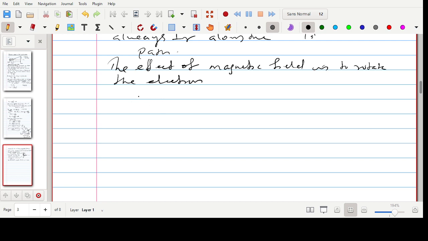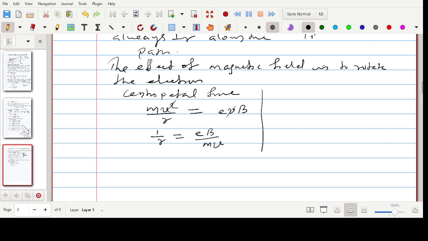So the centripetal force mv squared by r will be equal to the magnitude of the magnetic force, which is evB. From that we can calculate the expression for r as 1 by r equal to eB by mv.